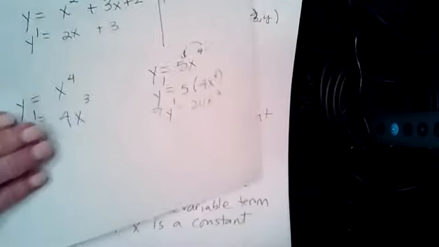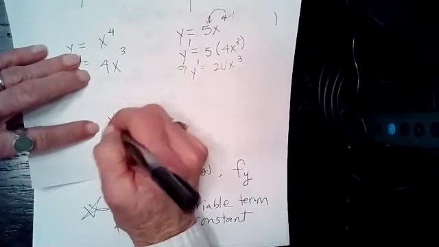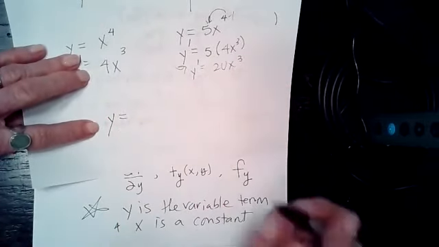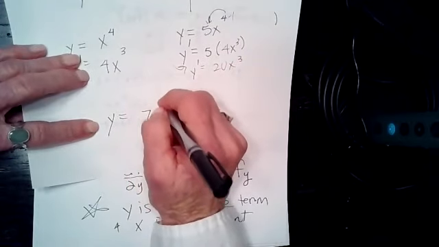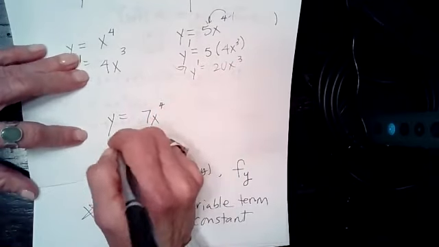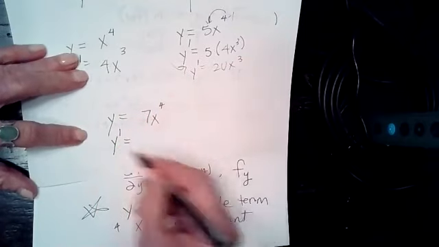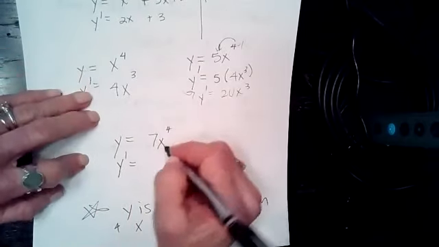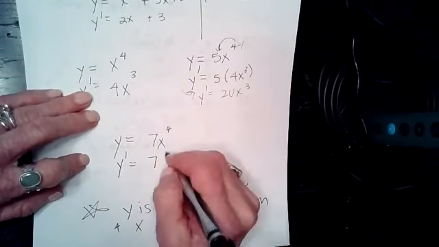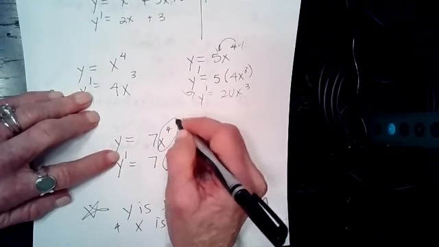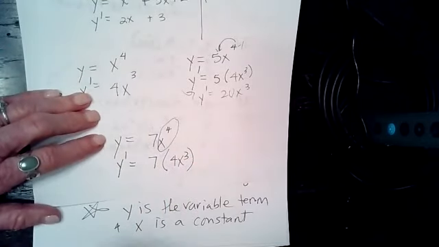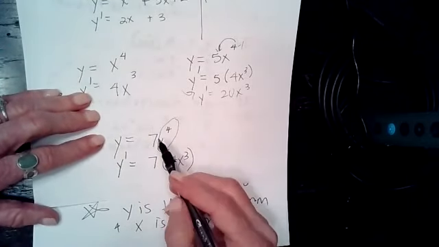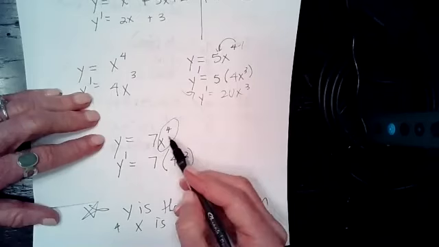Another example before we get into the two variables: if I have 7x to the fourth, my new way to take a derivative is to bring my constant term along and take the derivative of the variable term. Okay, that's our new way.